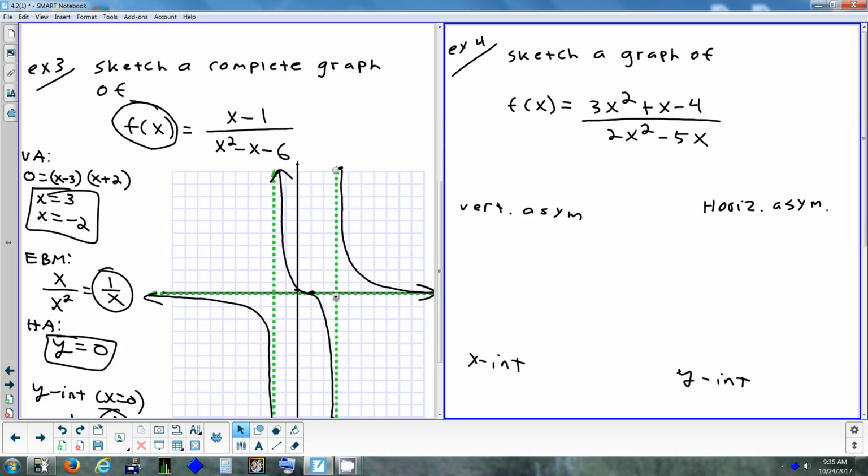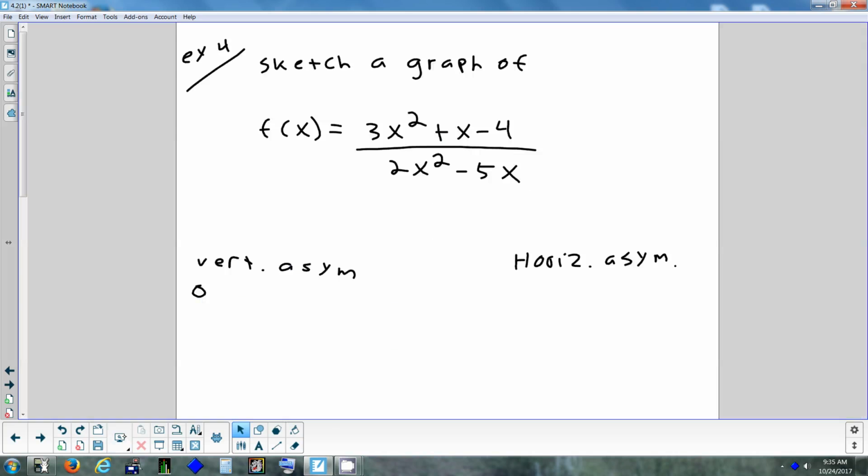Gracie, how do I find the vertical asymptotes? You have to set it equal to 0. Yep, and what do you set equal to 0? The top or the bottom? The bottom. Perfect. So we're going to take the bottom. Let me make this page bigger. Set it equal to 0. Now this one, the factoring is a little more straightforward.